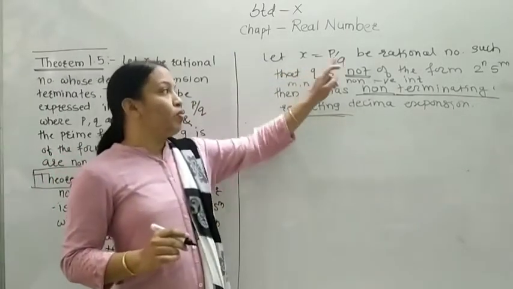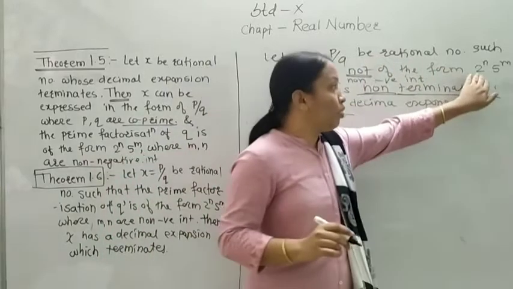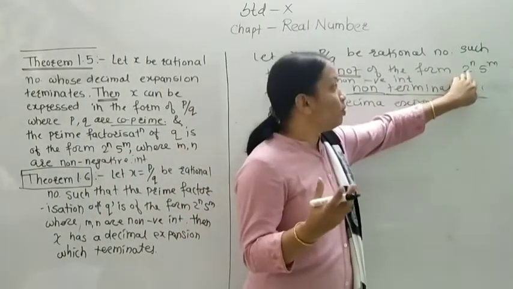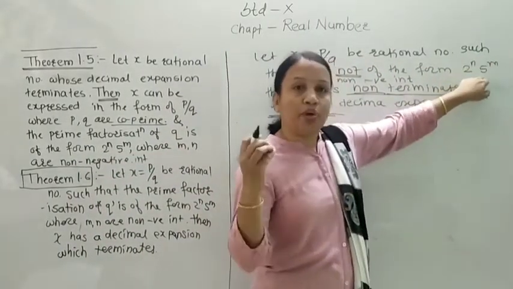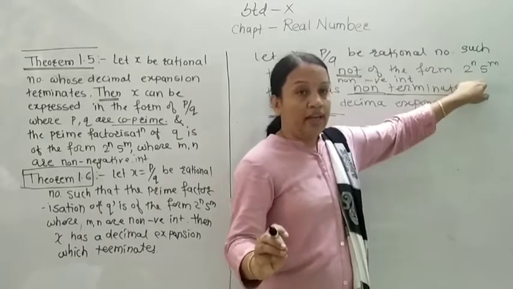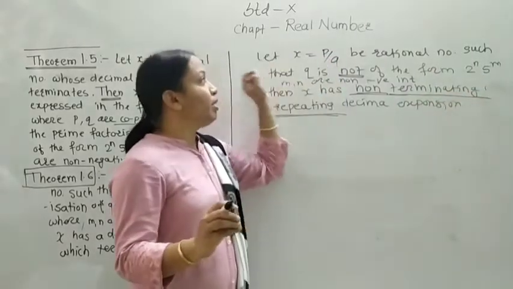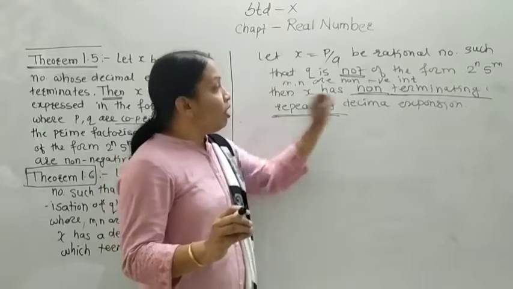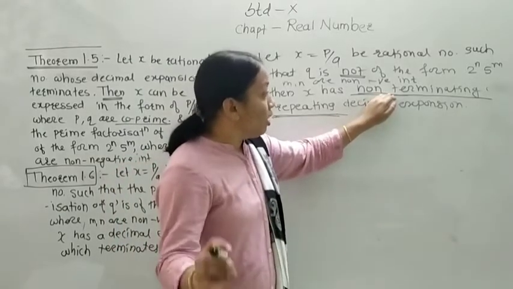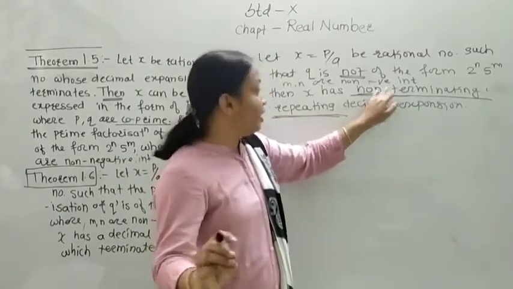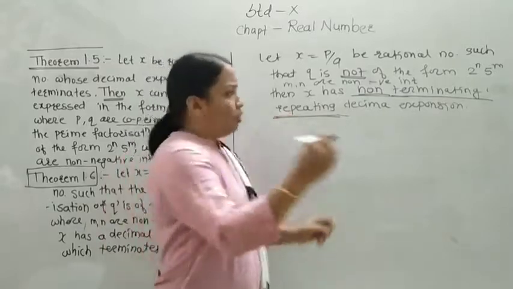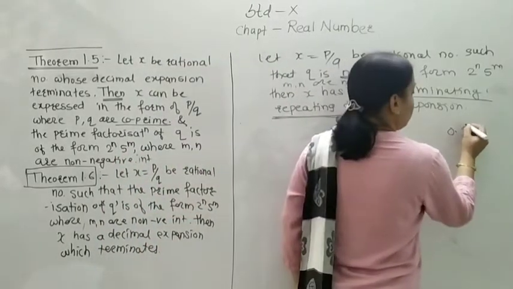That is, if q is not of the form 2 raised to power n or 5 raised to power m, that time that decimal expansion will be non-terminating and repeating. You have seen examples like these, isn't it?